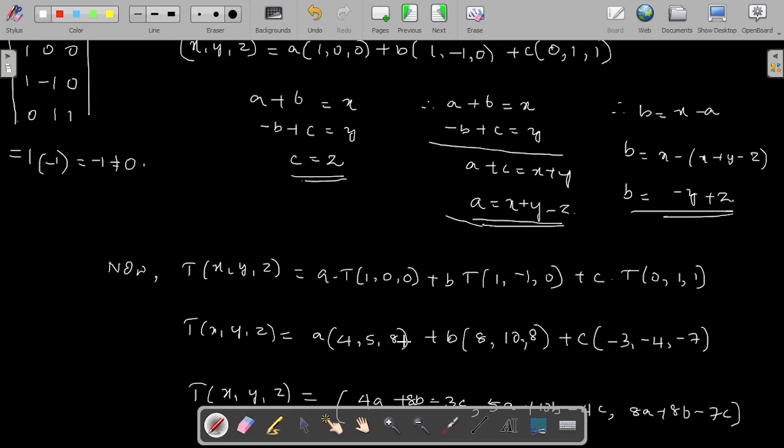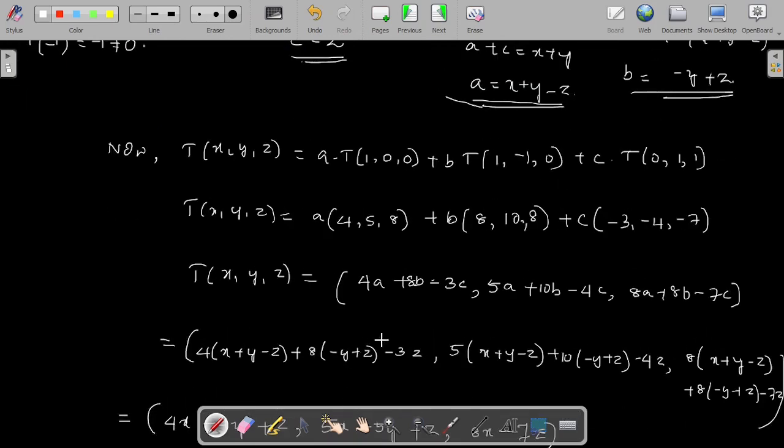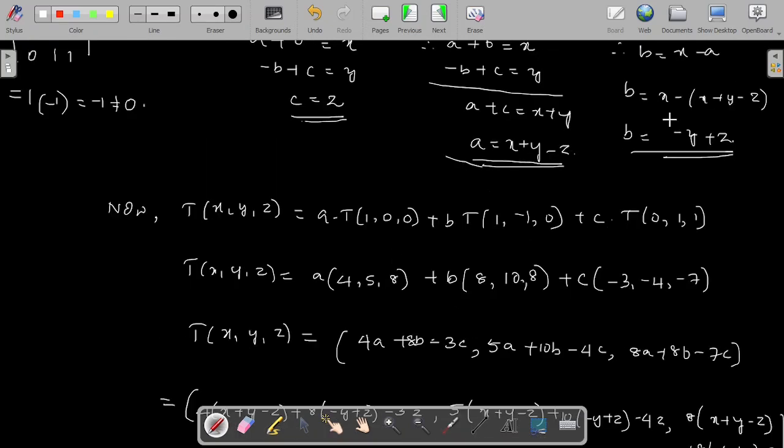So it goes to (4, 5, 8), b is (8, 10, 8), c is (-3, -4, -7). So this becomes 4a plus 8b minus 3c, then 5a plus 10b minus 4c, then 8a plus 8b minus 7c.